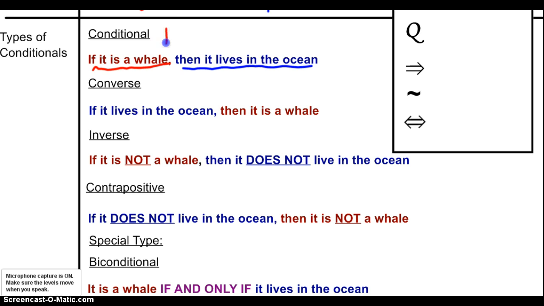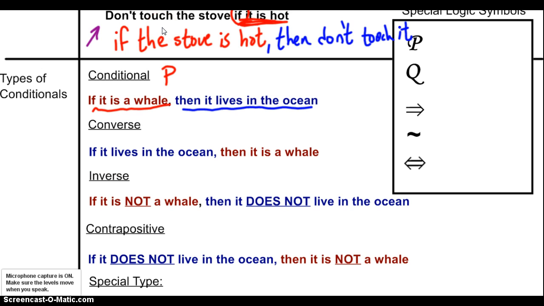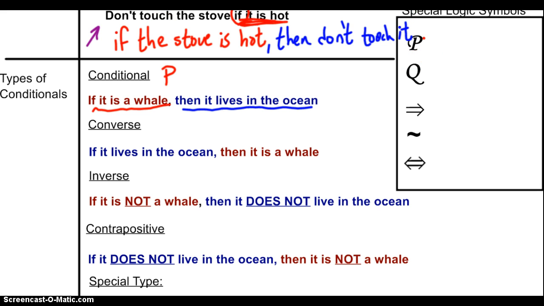We use the letter P to denote the hypothesis. So over here with the special logic symbols, that's P, the hypothesis. And we can use this little arrow here, kind of an equal sign with a little arrow on the end, to mean then.